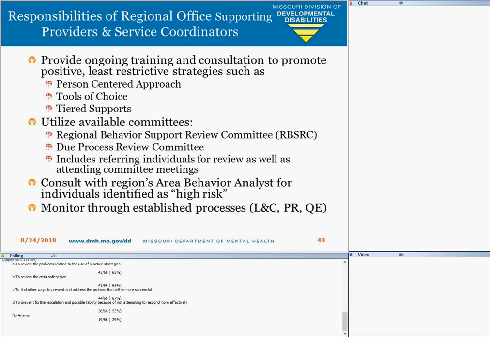They are also responsible for making sure there's availability of consultation with the region's area behavior analyst for individuals identified as high risk, and they monitor all of the policies, procedures, and processes through the licensing and certification unit, the relations unit, and the quality enhancement unit.